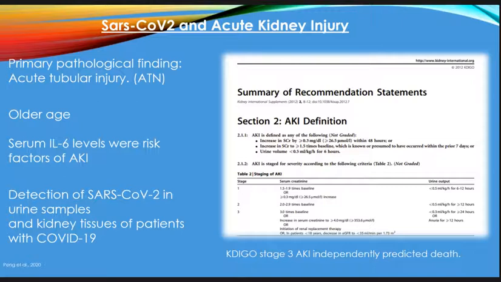And stage 3 is 3 to 4 times the serum creatinine, 3 or 4 times the baseline, and is also accompanied by no urine output or anuria for greater than 12 hours, or 0.3 milligram per kilogram an hour for more than 24 hours. And at this stage, it's determined that you have a decreased chance of life and you may even die once you get to this stage. Even with continuous renal replacement therapy, the outcomes are not good at this point.